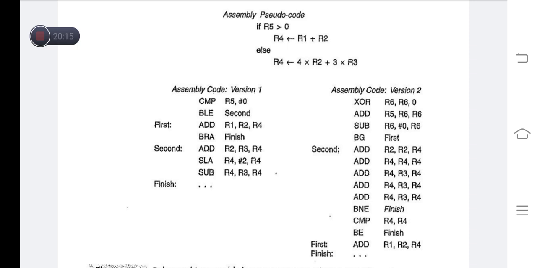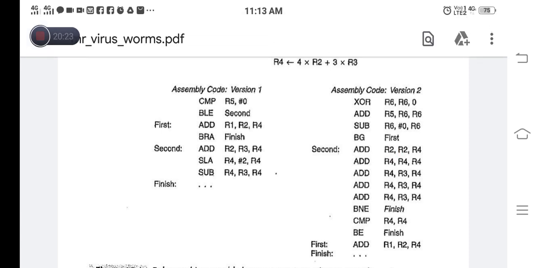Worms that have multiple such versions, version 1, version 2, etc., with or without relying on encryption, are referred to as metamorphic worms.